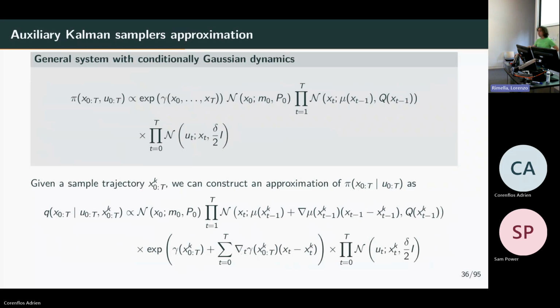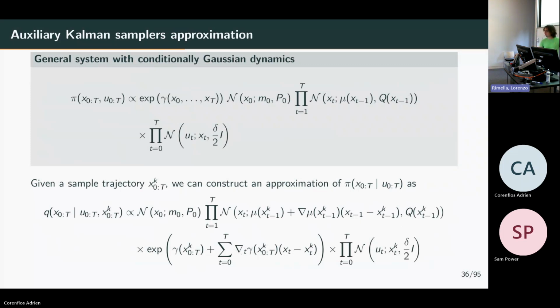Okay. And so if I'm able to compute those derivatives easily, then I'm able to form that proposal distribution. Okay. And it's all in our Gaussian state space models. And so now what you can do is you can say, okay, I'm going to linearize around my current trajectory, right?